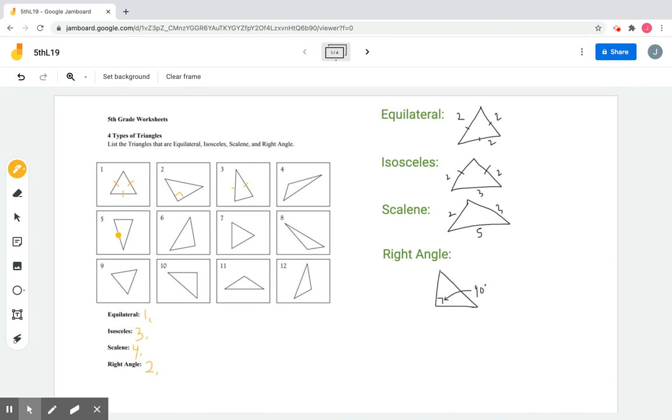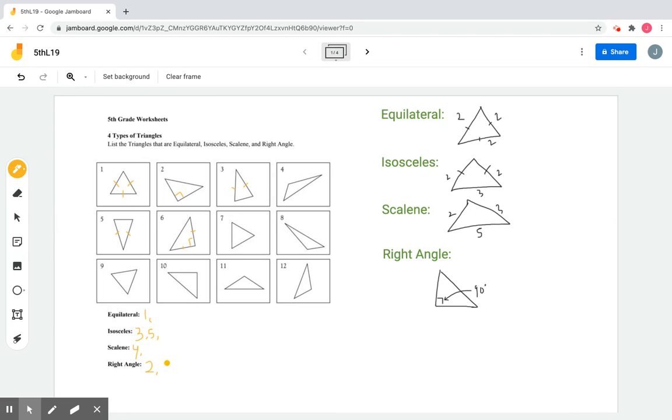And number five triangle seems like isosceles because these two sides are equal, while this one side is really short. So it will be isosceles. And number six triangle looks like it has a right angle, and these two sides look equal.